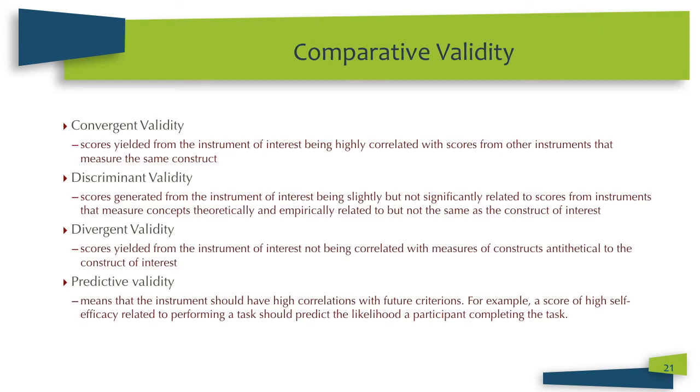Then there are many other subtypes of comparative validity. I'll quickly go through each of them. The first one is convergent validity, which means that an instrument is highly correlated with instruments measuring similar variables.